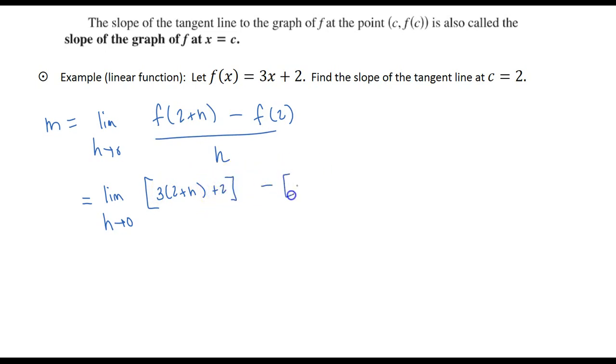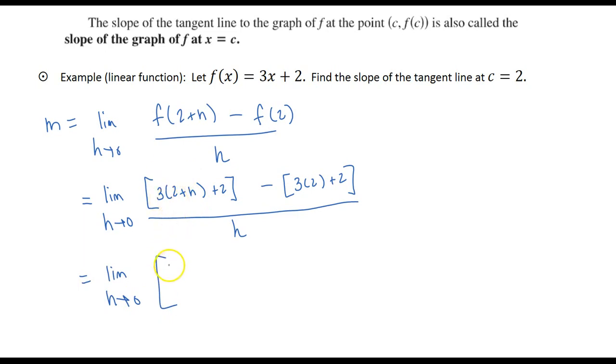And f of 2 would be 3 times 2 plus 2. And that's all divided by h. So that gives me the limit as h approaches 0 of 6 plus 3h plus 2 minus 6 plus 2 all over h.